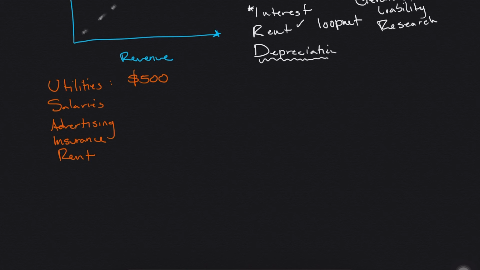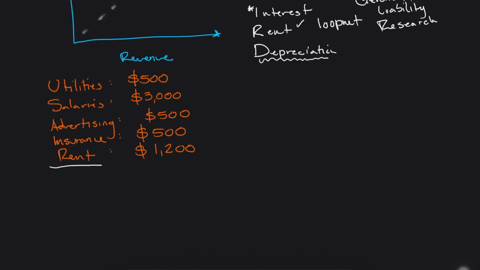Let's say you want to pay yourself a salary, a $3,000 a month salary, which is fairly modest, so that's not terrible. We're going to have advertising expenses of $500 a month. We've added up all of our insurances, and they're going to cost us, let's say, $500 a month. And our rent is going to be $1,200.